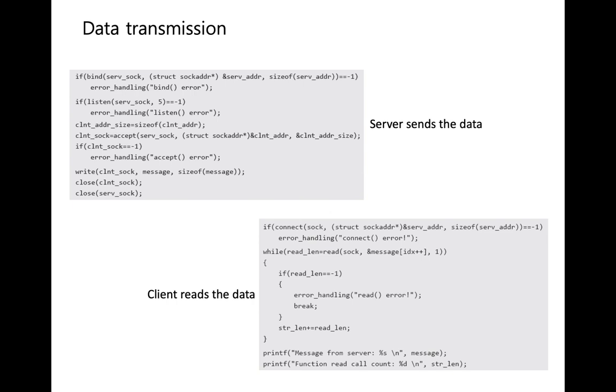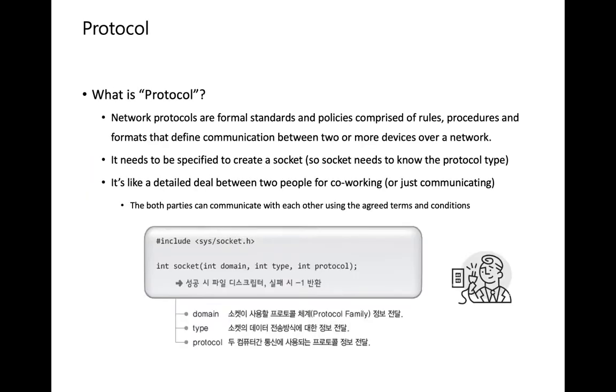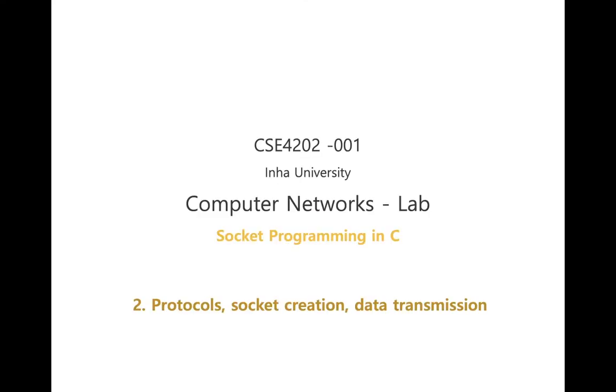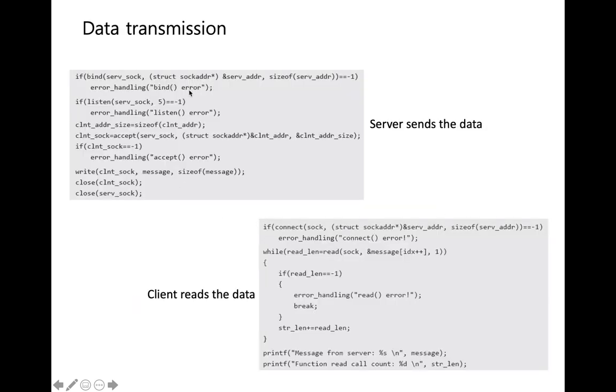So that's it. You are now able to create the socket, and that's what I explained here. You understood what the protocol is, you understood how to create a socket, and you also understood how the data transmission happens from the server to the client. Again, I think it's not difficult. Just go through this code.